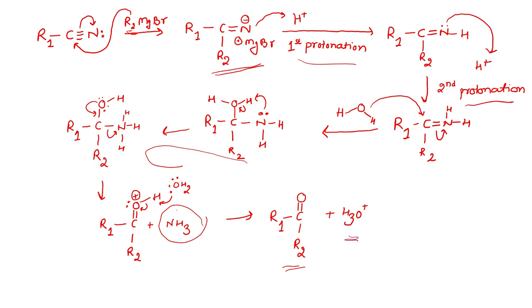So this is the mechanism of reaction of nitrile with your Grignard reagent and you will get ketone as a product. So now I have shown you the reactivity of Grignard reagent and various reactions, how you will get tertiary alcohol, primary alcohol, acid and ketone as a product.